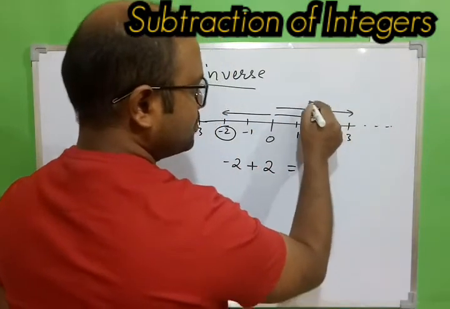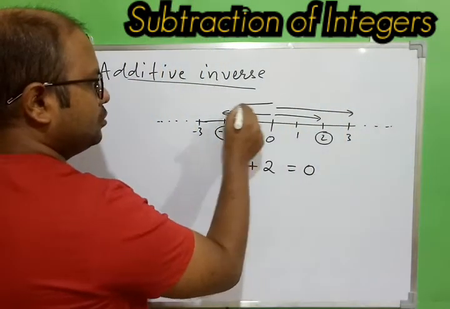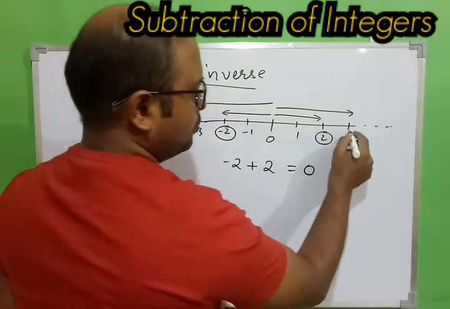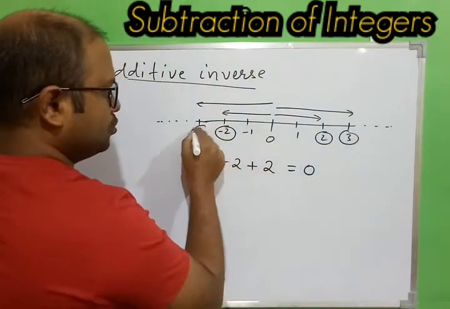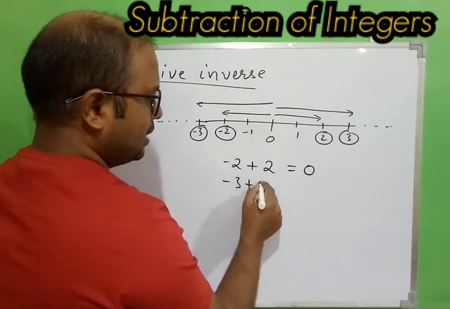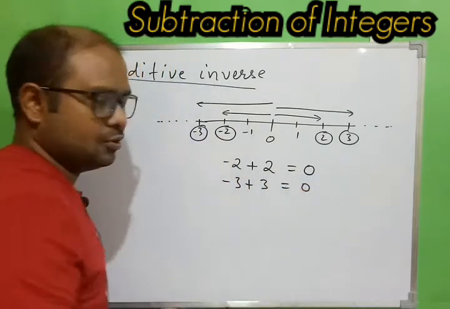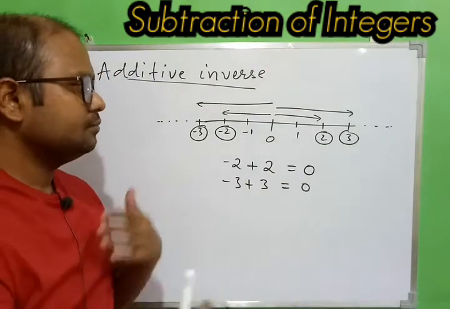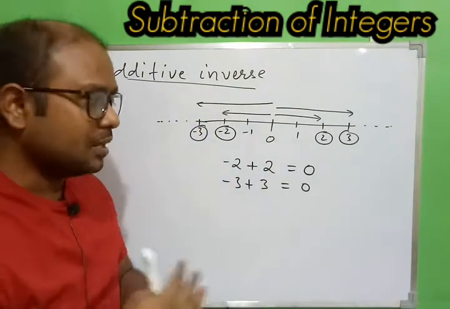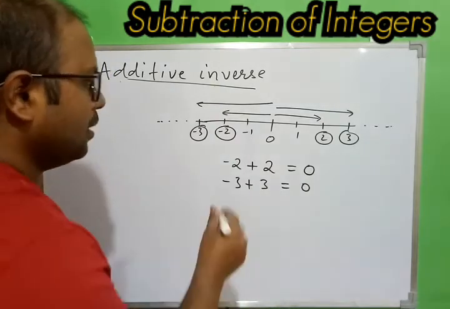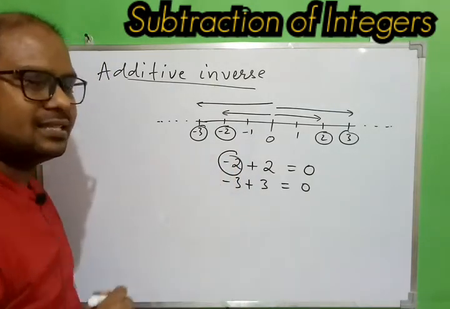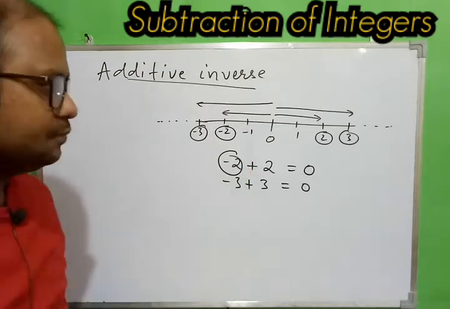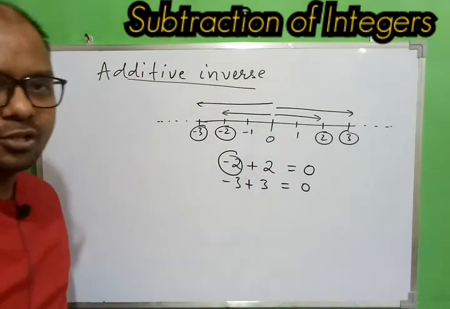Same thing if you do for number 3. If you move 3 steps forward, and if you go 3 steps backward, you come to +3 and you come to -3. Again if you add these together, what will we get? 0. So basically such numbers are called additive inverse of each other. We can say -2 is the additive inverse of +2, or +2 is the additive inverse of -2.